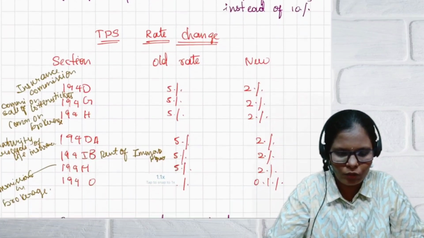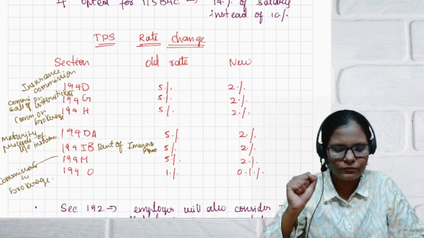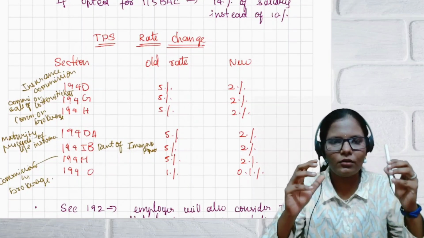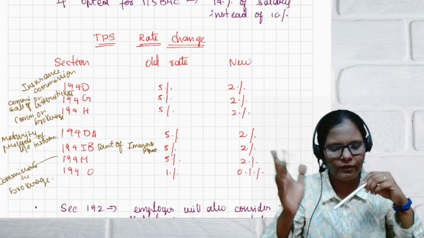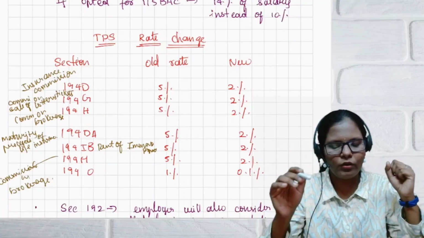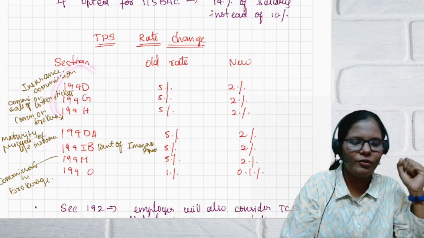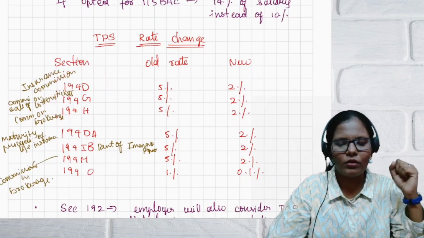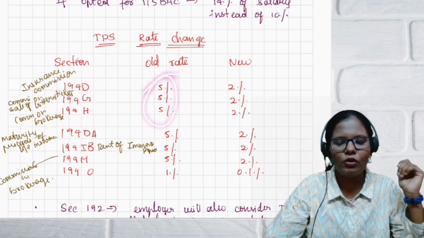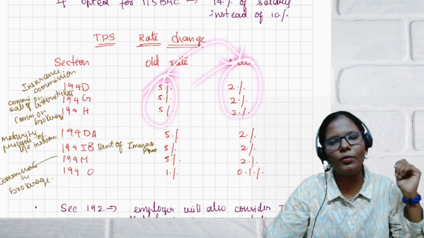Then we will be moving to TDS rate changes. For some of the sections, TDS rates have been revised. Like 194D, 194G, 194H, these three are commission based sections. For this, the old rate is 5%, the new has been reduced to 2%.